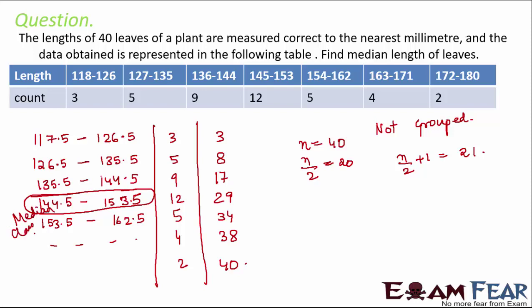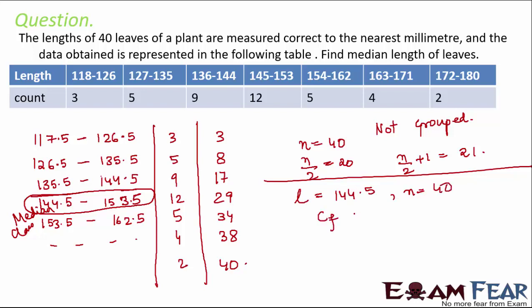So if this is the median class, the value of L would be 144.5, n is anyways 40, and CF is the cumulative frequency of the class preceding the median class. So in this case it would be 17. F will be equal to 12, that is the frequency of the median class.